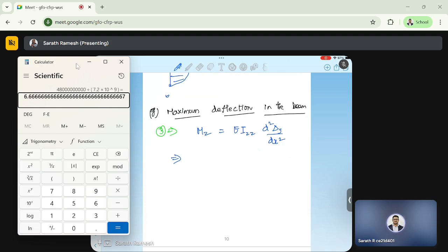That implies d square delta y by dx square equal to Mz by EIZZ.